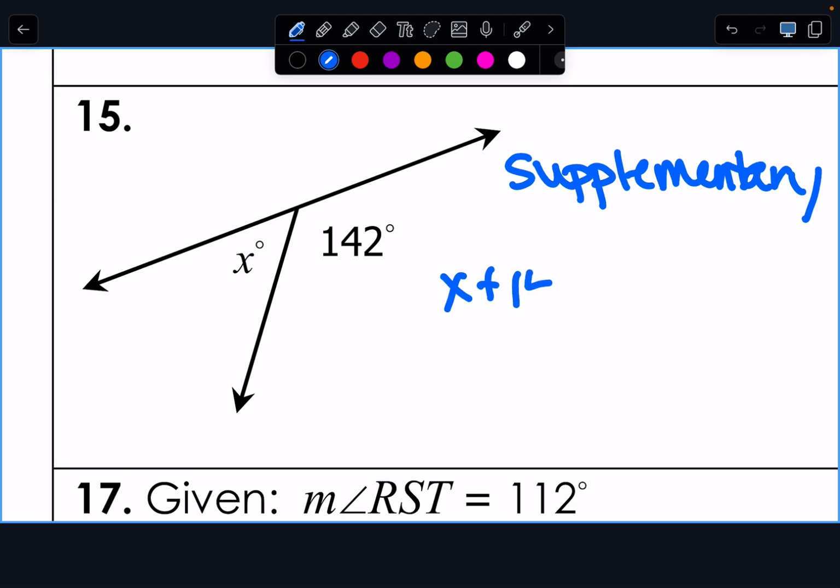If we have supplementary angles, we know they should add to be 180. So what do we do with the 142? Yeah, we got to subtract it over. So when we subtract over 142, what's 180 minus 142?